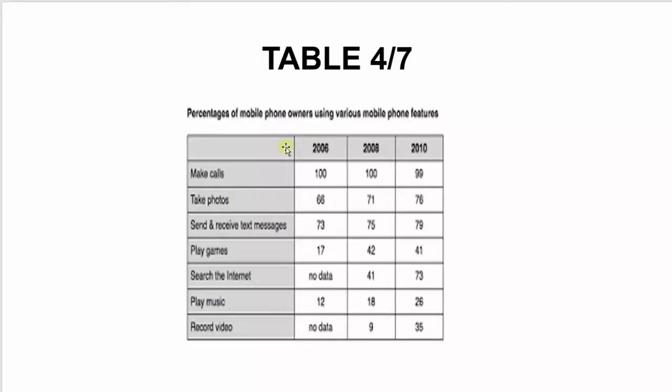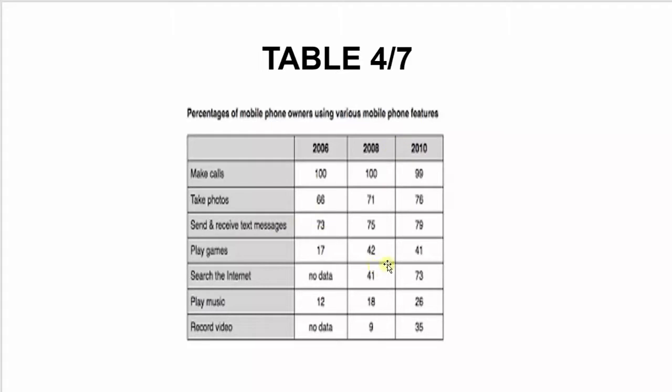So for this table, it shows the percentages of mobile phone owners using various mobile phone features. So you can see those who use it to make calls, take photos, send and receive text messages, play games, and others. And you can see the period or the time over here, the year, which is 2006, 8, and 2010. So this is how the table visual also looks like in task 1.